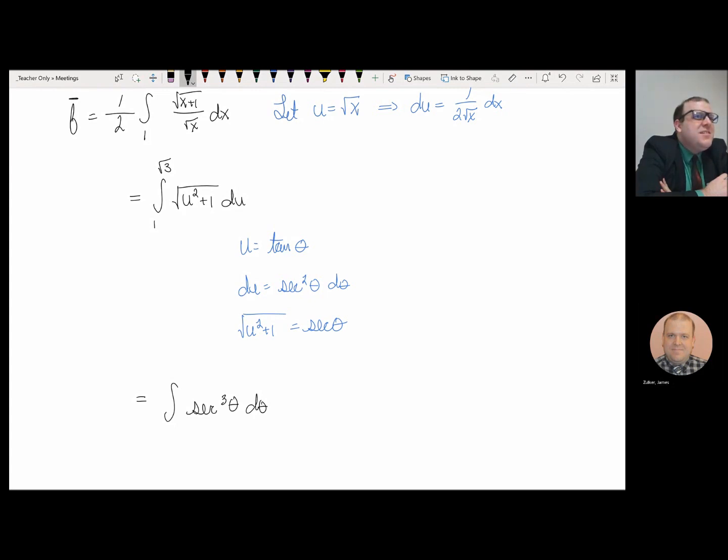What is it? Pi over 4. It's pi over 4. When u is root 3, what is theta?